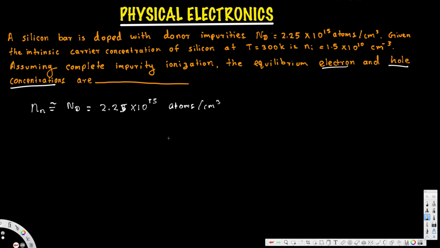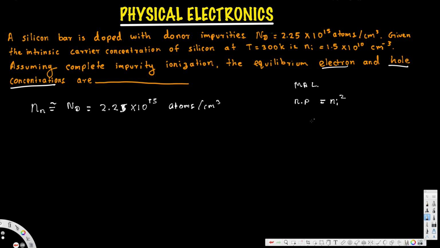Now we have to find out the hole concentration. So this is majority and minority are holes. To find the minority, we have to use the mass action law. Mass action law says that if you multiply the total number of electrons times the total number of holes, you will get intrinsic carrier concentration square.